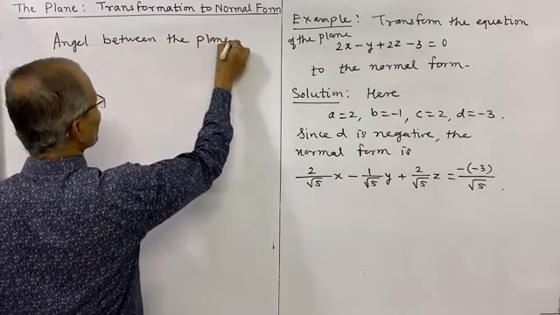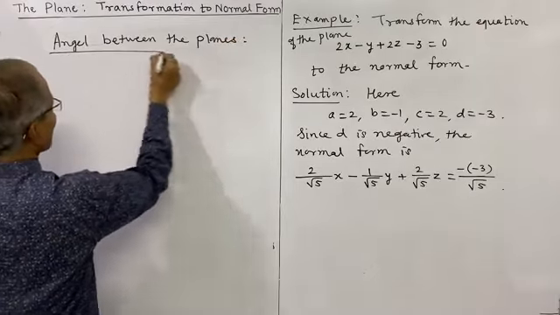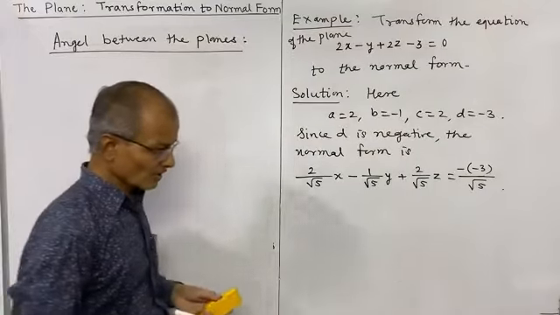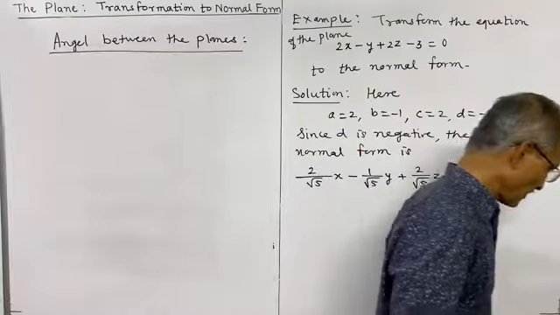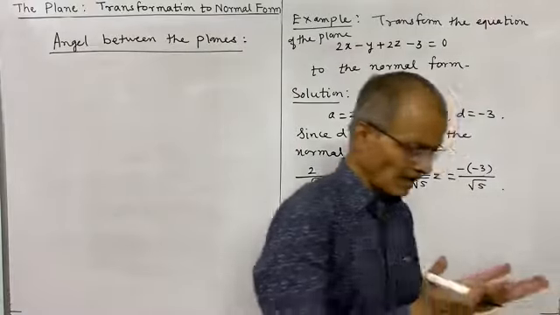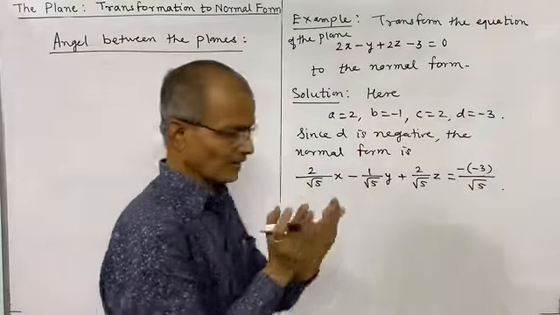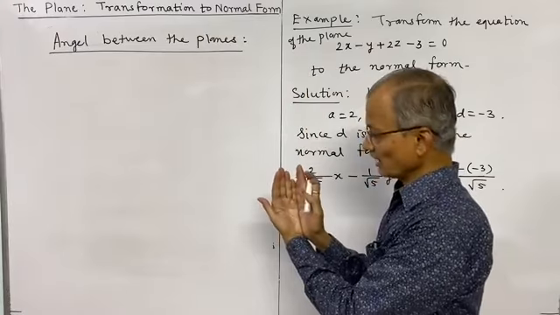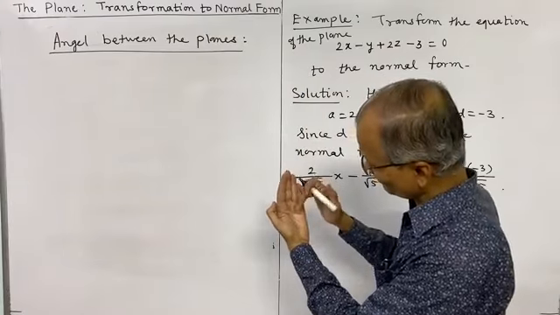Suppose the two planes are like this, folded in this way. Then the angle between the two planes will be this angle.